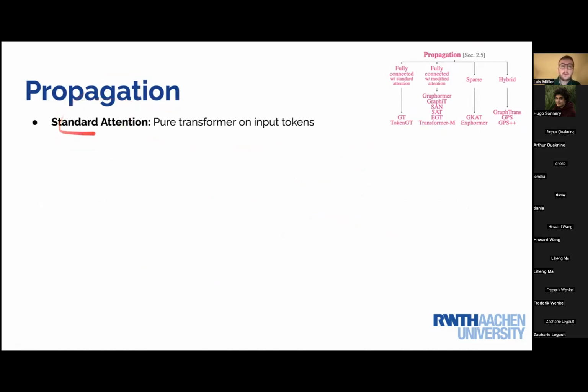So I've already mentioned, the standard way of applying the transformer in all domains is the standard attention. That is also what I call here the pure transformer, just meaning the original transformer. But then we can also modify this standard attention by adding a bias, as we've seen.